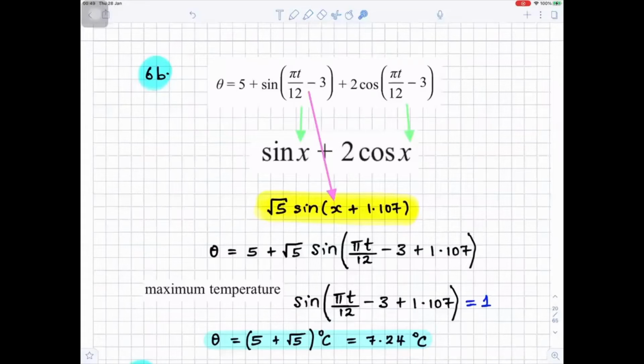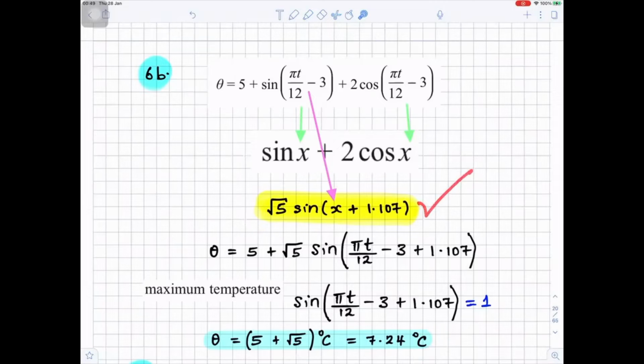So what you want to do now is take what you have done in part a, where x is pi t over 12 minus 3. So replace x with pi t over 12 minus 3. And then replace all of that with square root of 5 sine of (pi t over 12 minus 3 plus alpha).